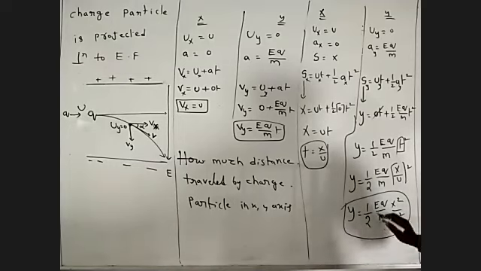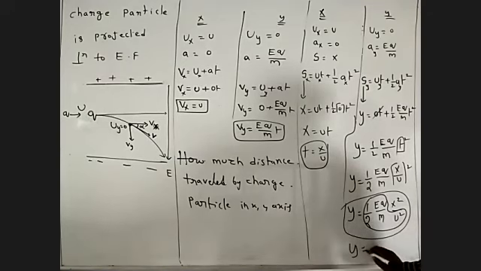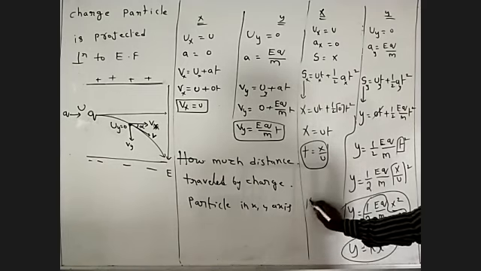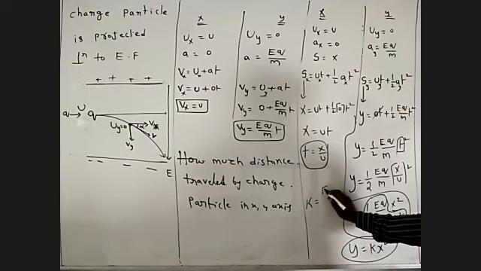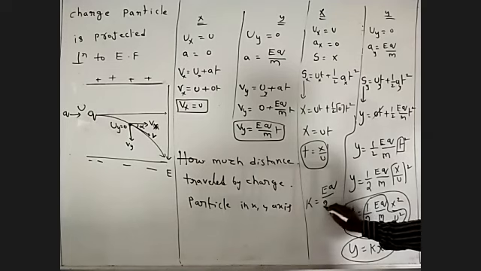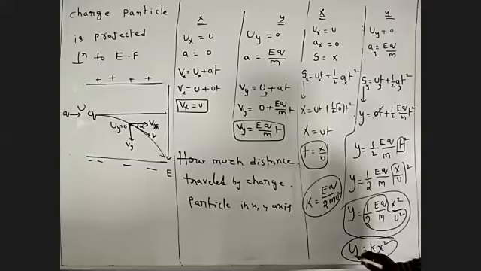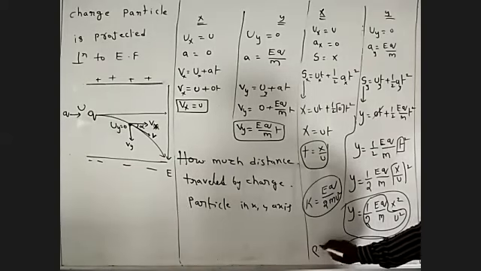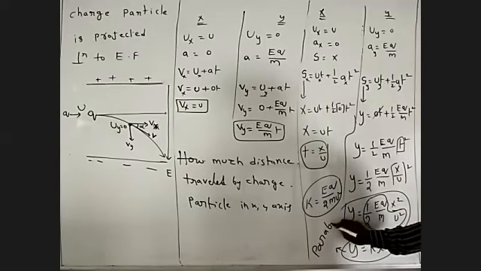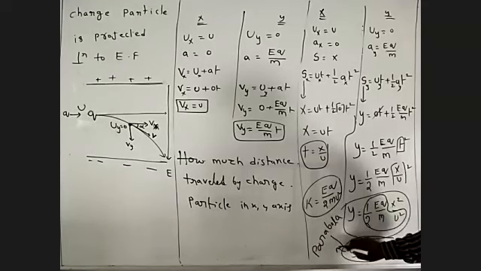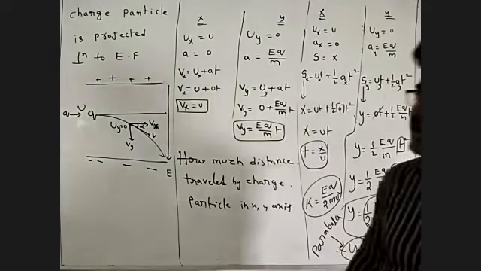Now I'm taking this as k, so y is equal to k x square, where k is equal to Eq by 2 m u square. This is a parabola path. The particular path is a parabola.